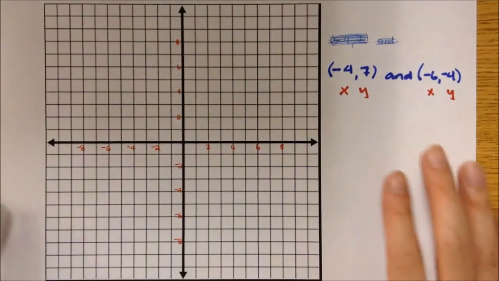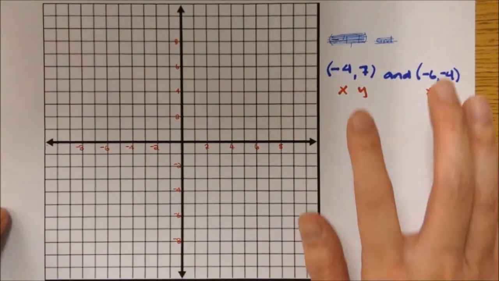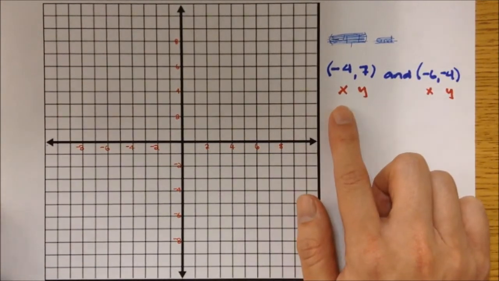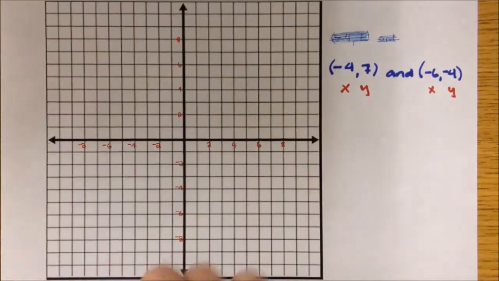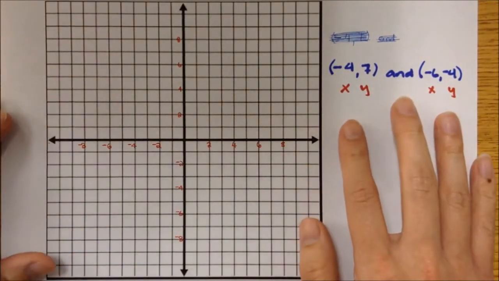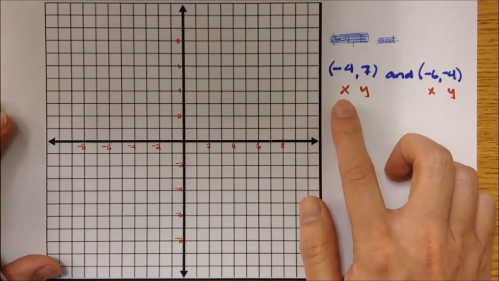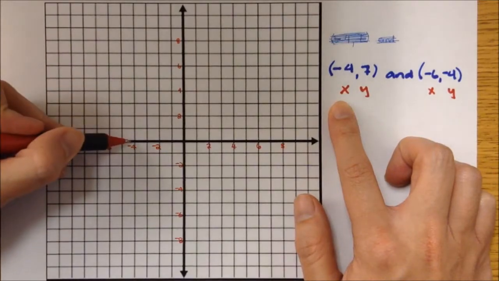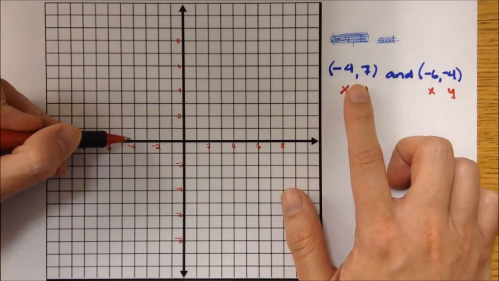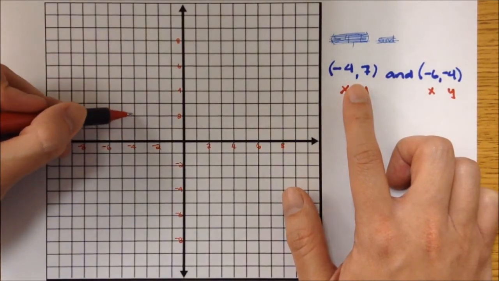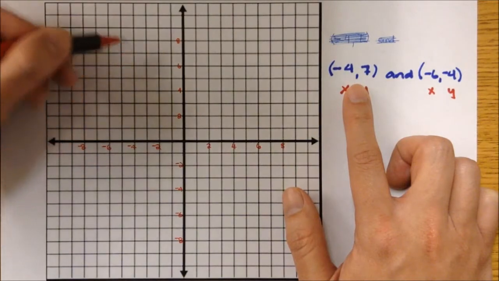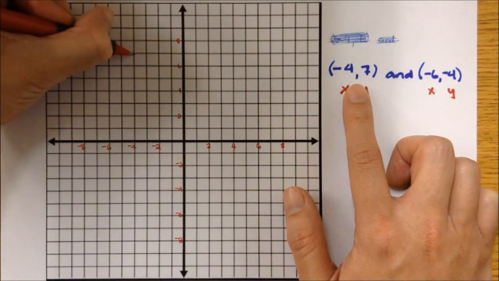Alright, so our first corner point is negative 4, 7. So negative 4 is my x. So I'm going to go at negative 4, which is right here, and then it's a positive 7, that means I'm going to go up. So 1, 2, 3, 4, 5, 6, 7. So it's right here.